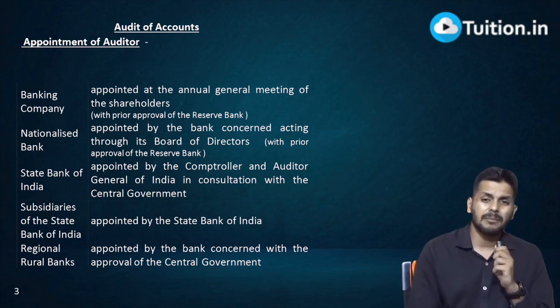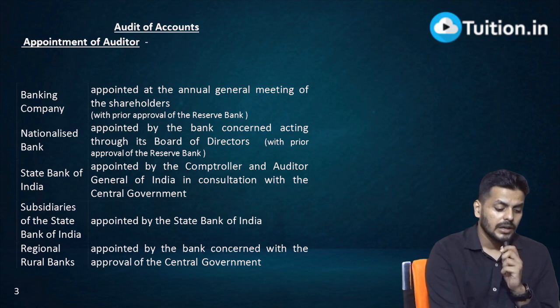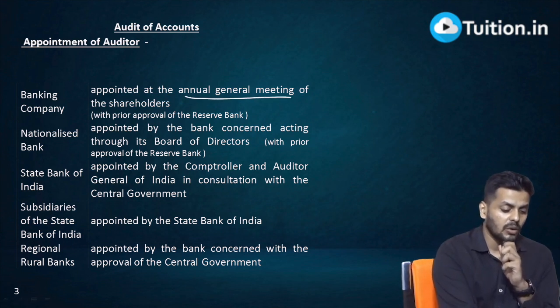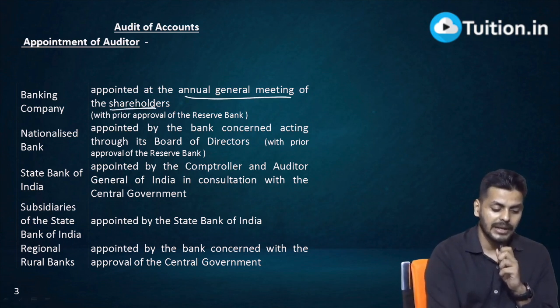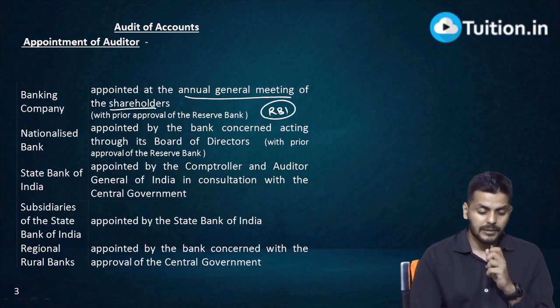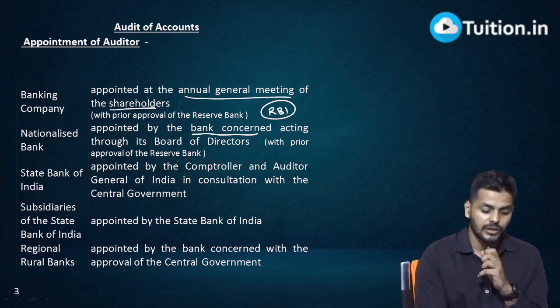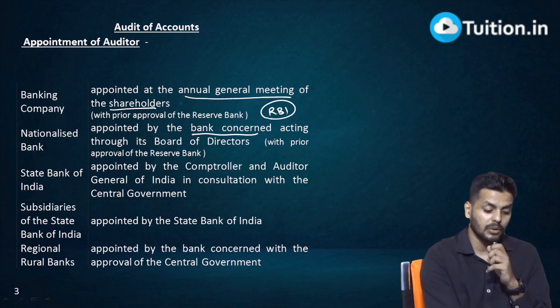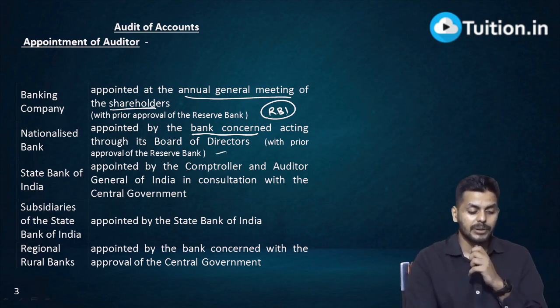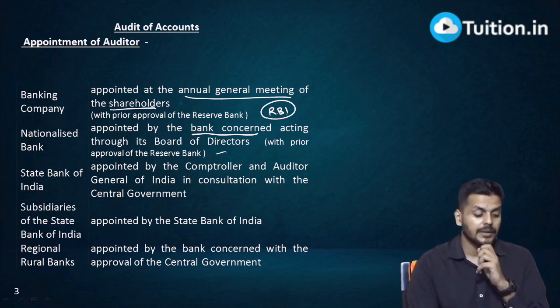Any banking company is normally appointed by the shareholders in the AGM with prior approval of RBI. Then talk about nationalized banks. The auditor of a nationalized bank is appointed by the bank concerned, that is by the board of its directors, again with prior approval of the RBI.